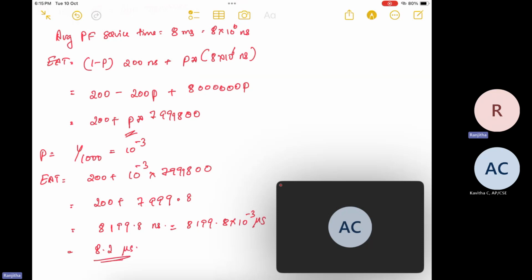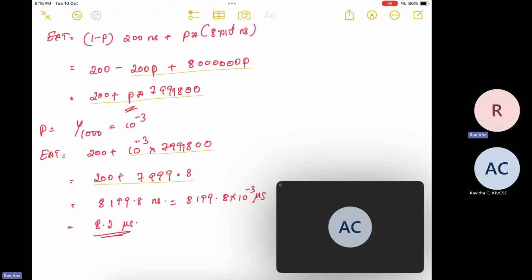So if we take the page fault rate as even lower, then the EAT will come down further.